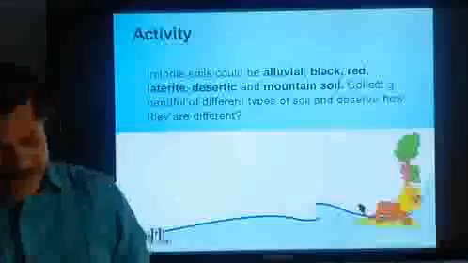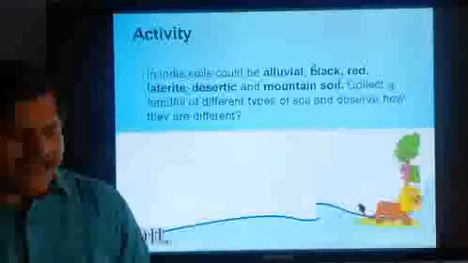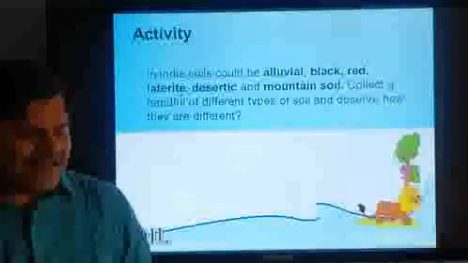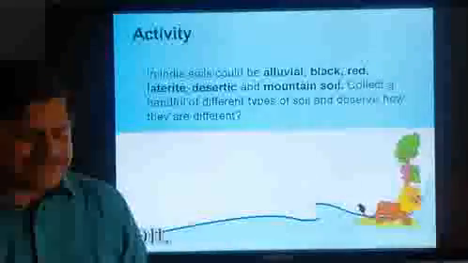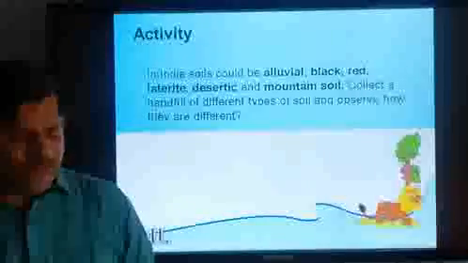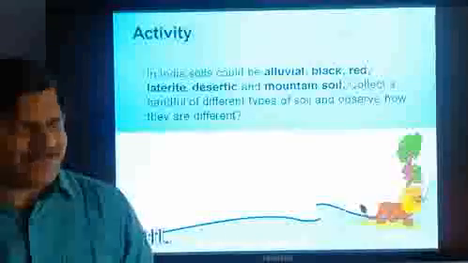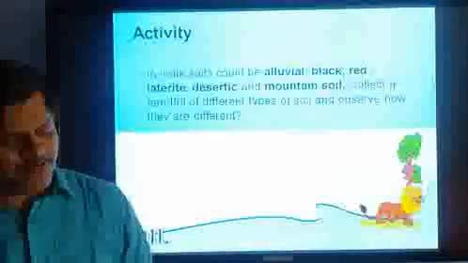Now, do one activity. In India, soil could be alluvial, black, red, laterite, desertic and mountain soil. Collect a handful of different types of soils and observe how they are different. Make a note of the difference between soils.